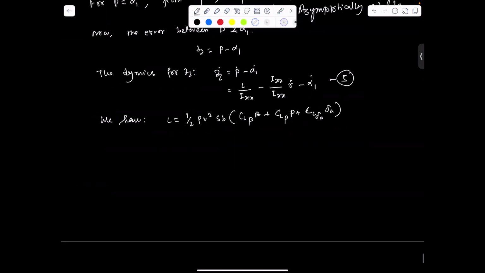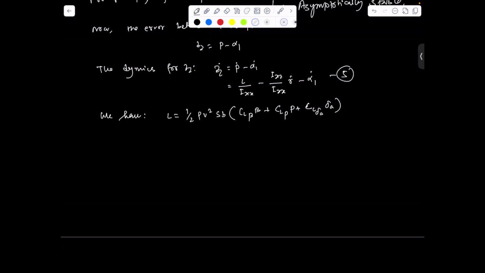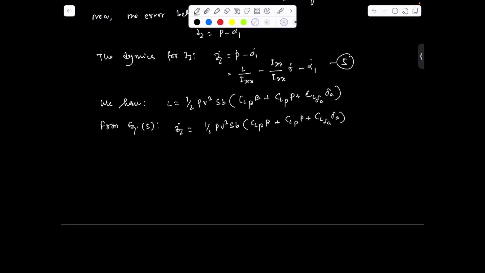So from equation 5, we can write G2 dot equal to half rho V square S, times CL beta beta plus CL P P plus CL delta A delta A, whole divided by Ixx, minus Ixz divided by Ixx times R dot, minus alpha 1 dot. And let us define this as equation number 6.